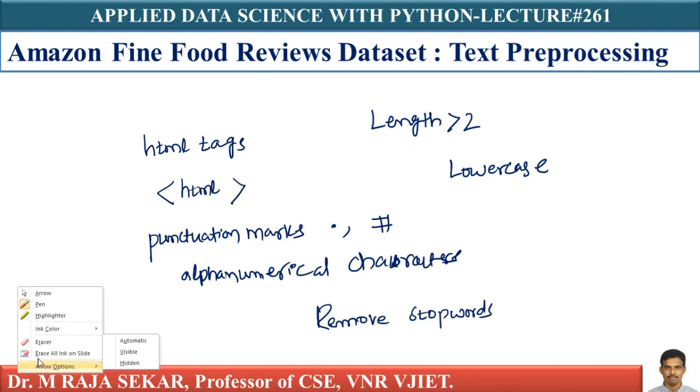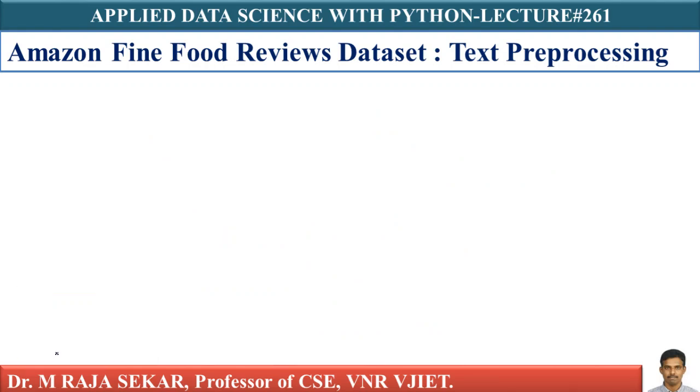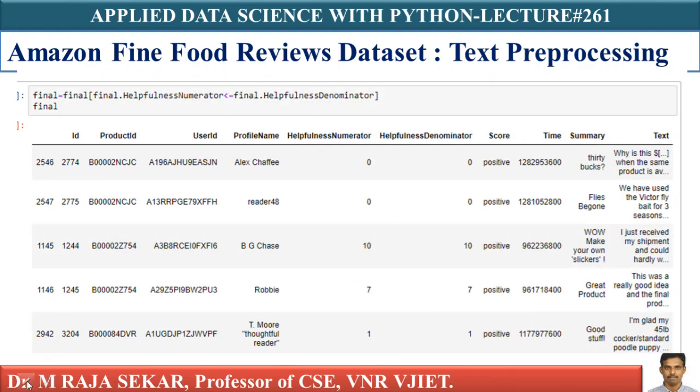We already discussed what stop words are. Just go through my previous lectures so that you can understand. I kindly request you to go through lecture number 252. In this lecture, I discussed this particular table, the final table.